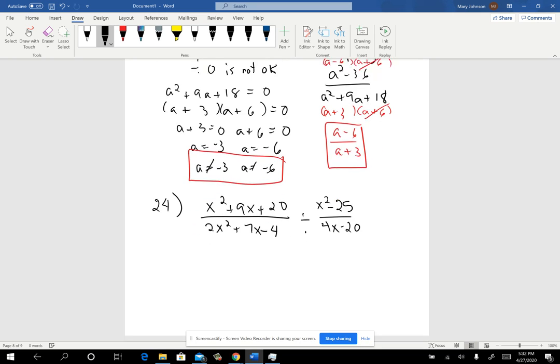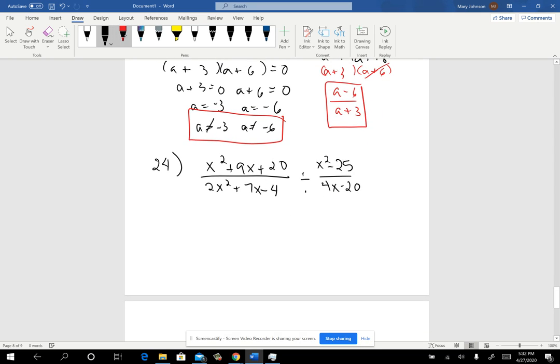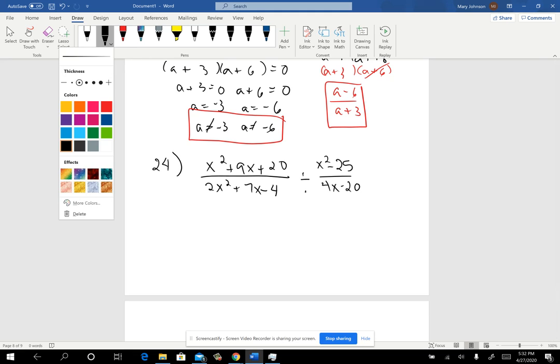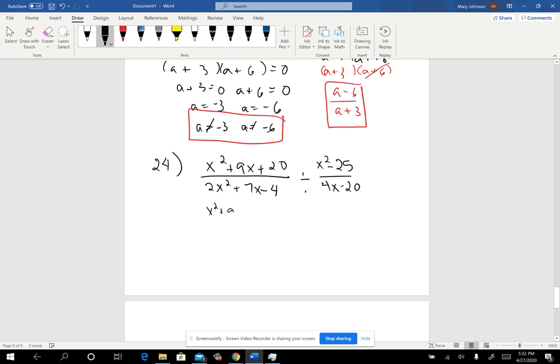In this problem, I'm going to keep the first fraction the way it is, change the division to multiplication, and then flip the second one, taking the reciprocal of the second fraction.